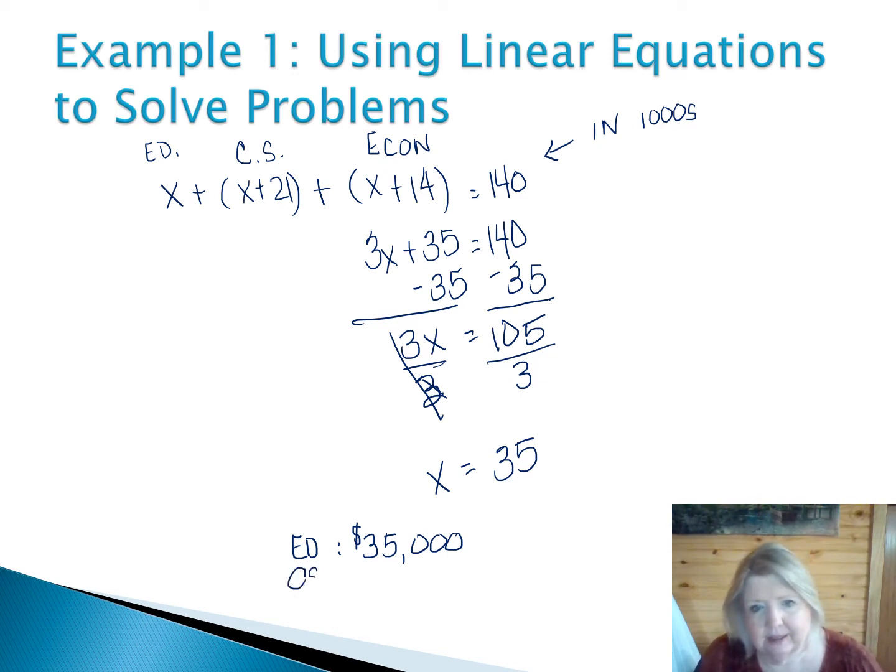Computer science guy makes 21,000 more than that. That makes him have 56,000. And the econ major makes 14,000 more than the ed guy. So 35 and 14 is 49.